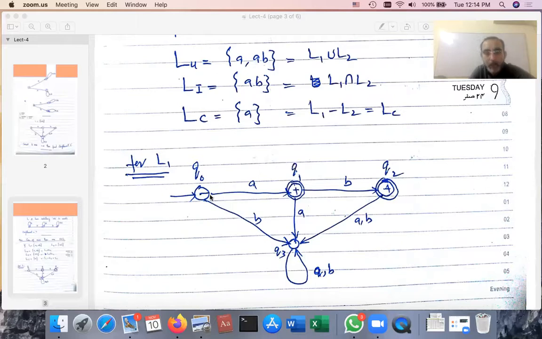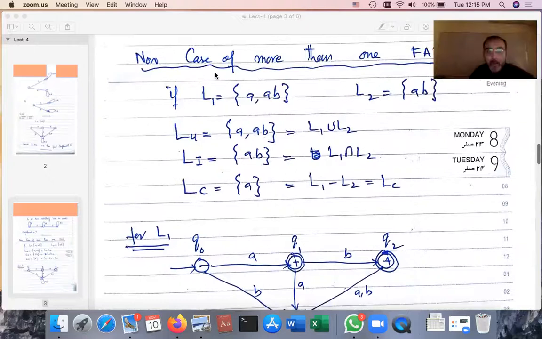And if I read A and B, I will reach another final state, which is Q2. And all other options will go into this rejection state, which is Q3. B is coming here, A is coming here, or A, B, and then the loop. So this is the DFA for L1.